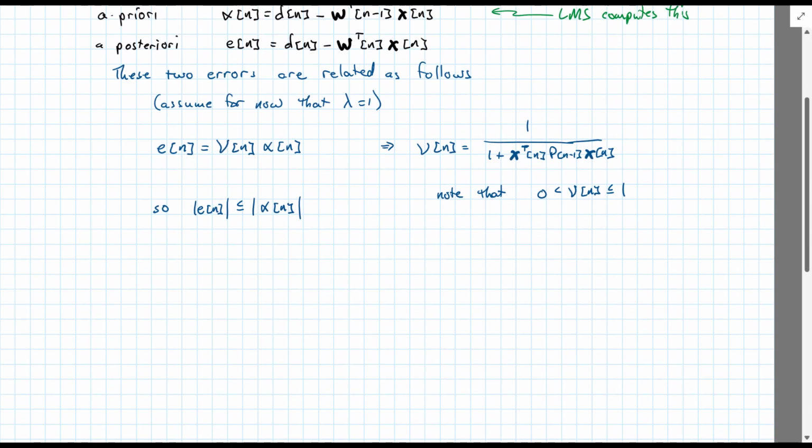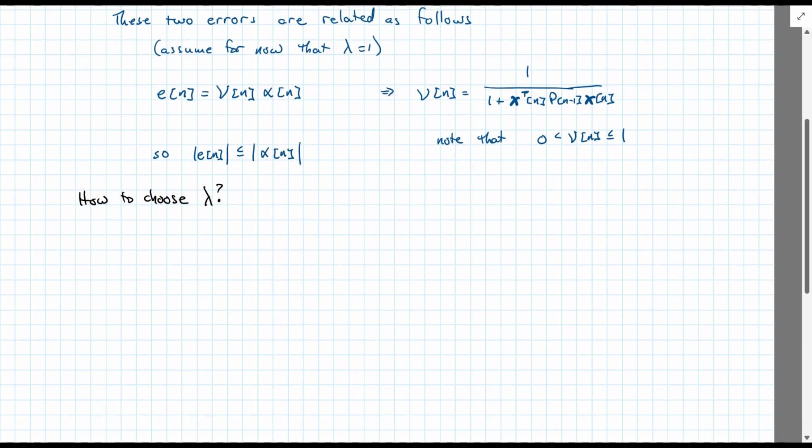Well, that leads right into this discussion about how do we choose lambda. As you recall, we have Rx of n equal to the sum from the time we turn on our filter till n of the outer product of our x's weighted by our lambda to give us that easy recursion.